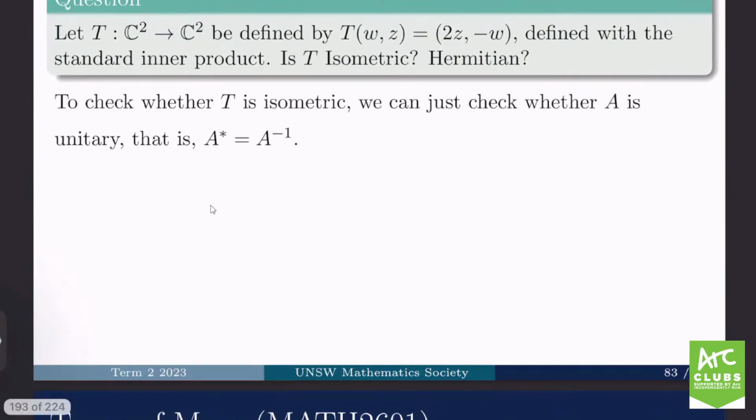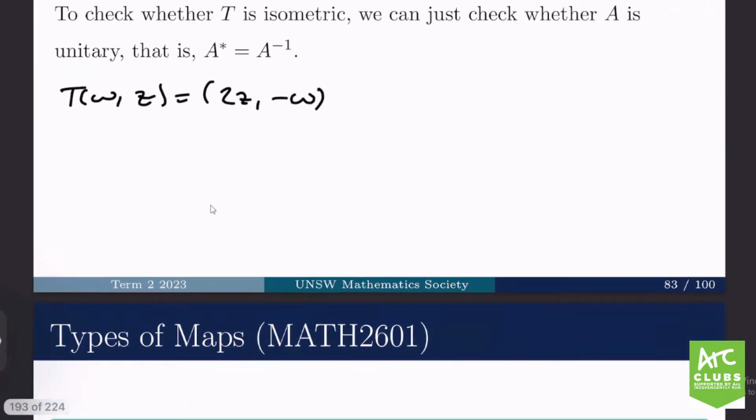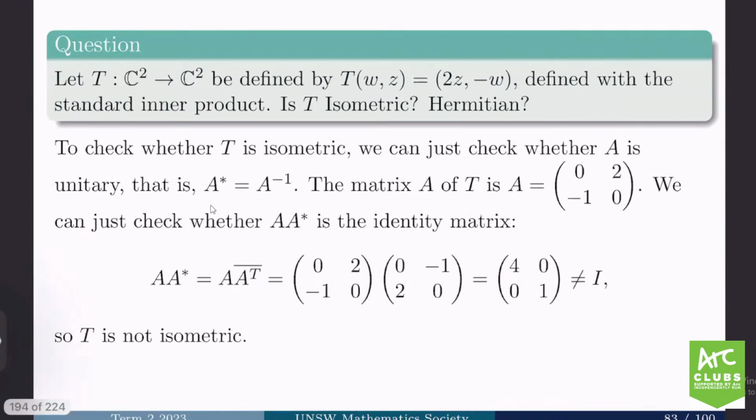So we have T of W, Z equals 2Z minus W, okay? Our matrix should be 0, -1, and 2, 0.